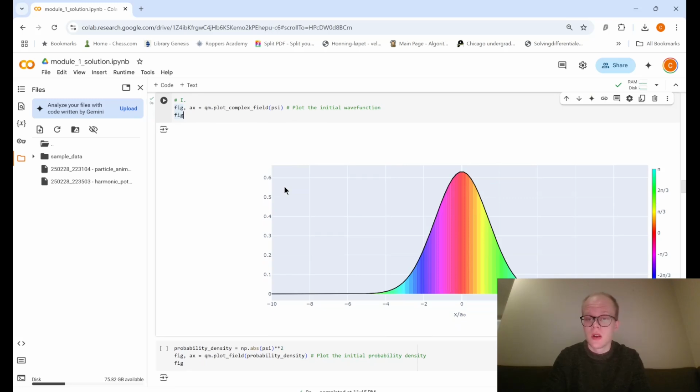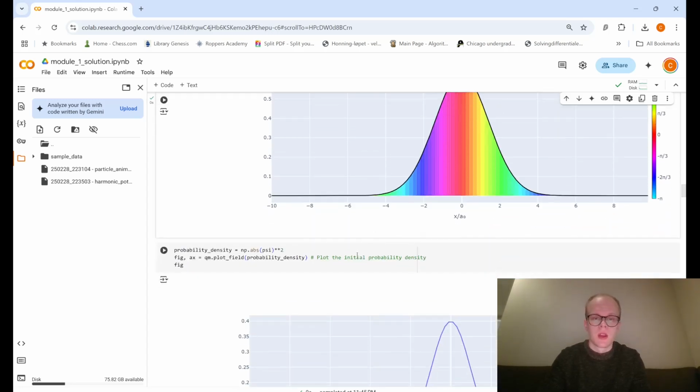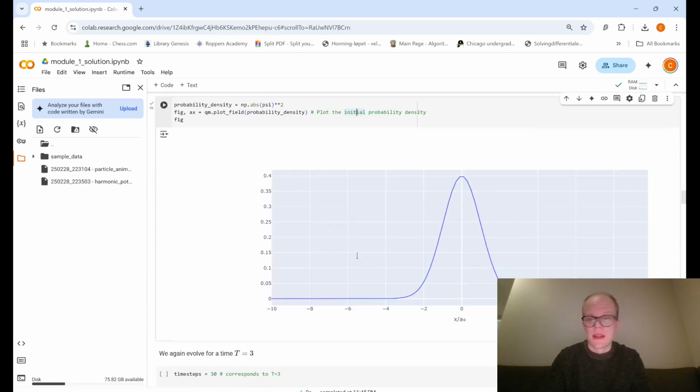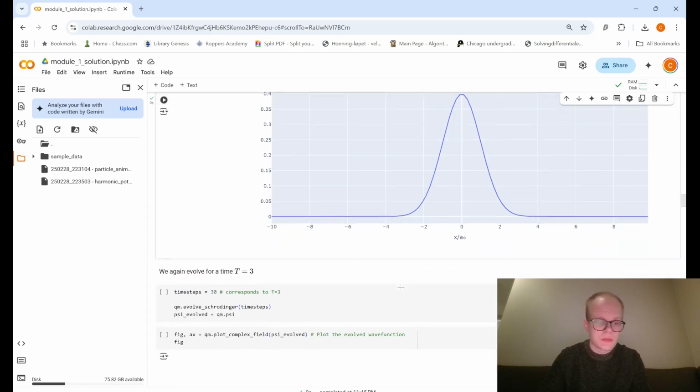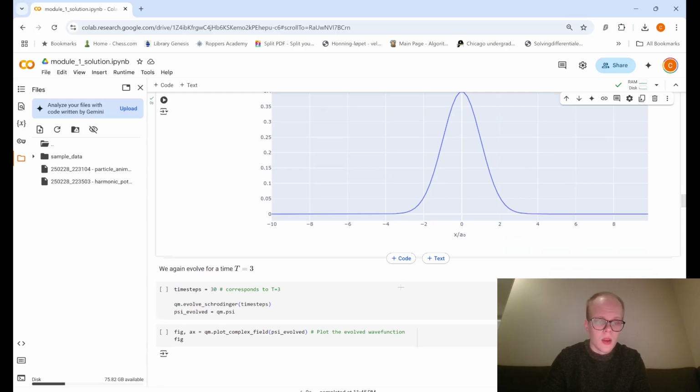It's the same as before, except it has a bit of a phase gradient. So we see the phase changes. It's not uniform as it was in the previous example. We plot the probability density, and that's the same as we had for the momentum 0 Gaussian, or velocity 0 Gaussian.